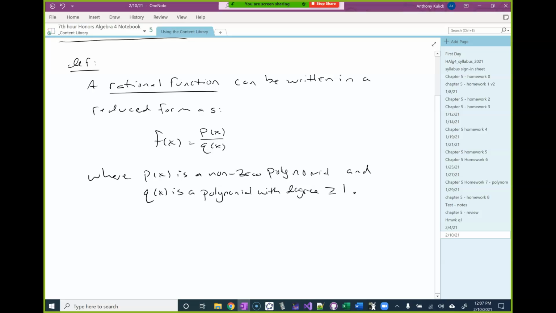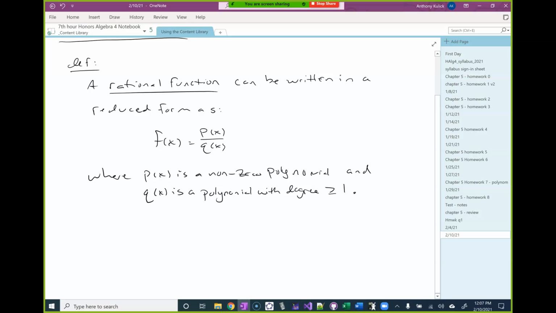So the numerator of our rational function can't be 0 because 0 divided by anything is 0, which is a constant function. That's not what we want. So the numerator can't be the 0 polynomial, which is a pretty silly thing to be in your function anyways.